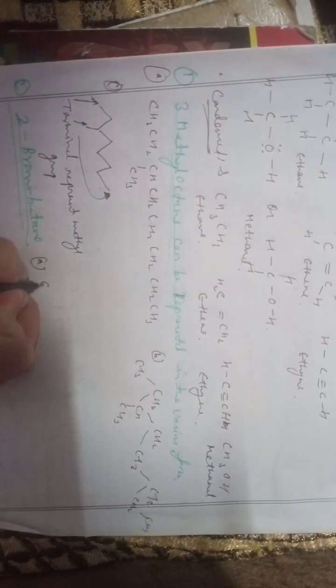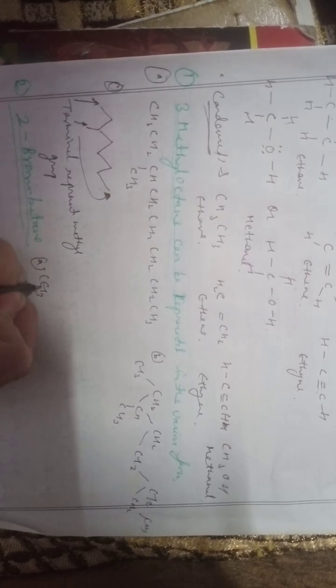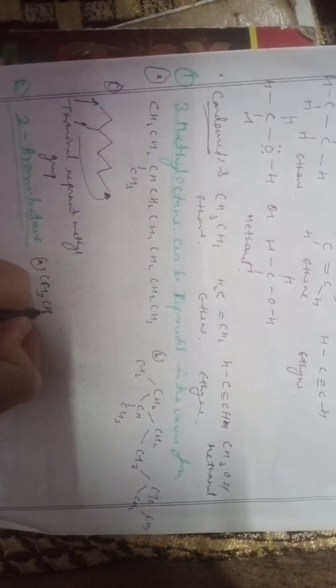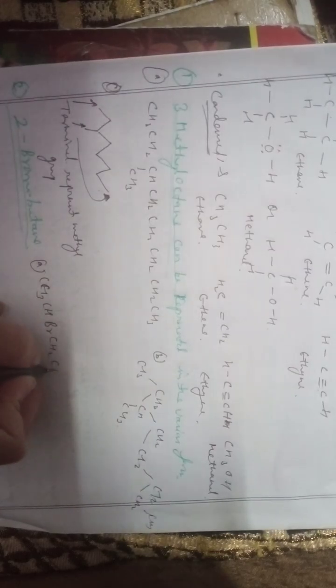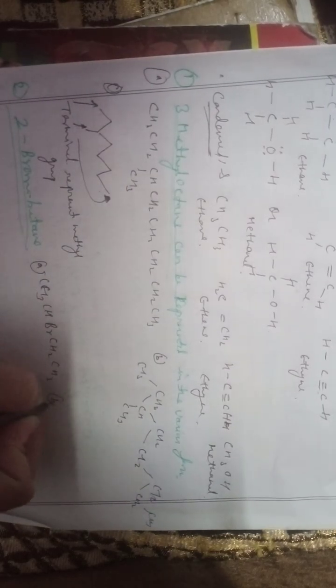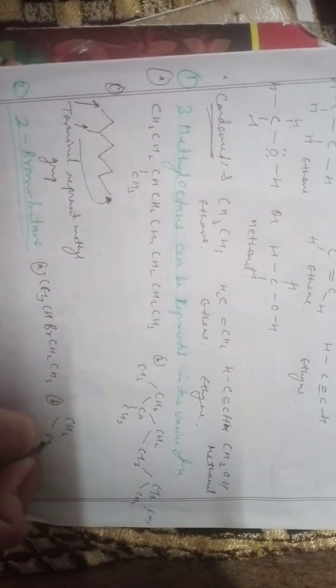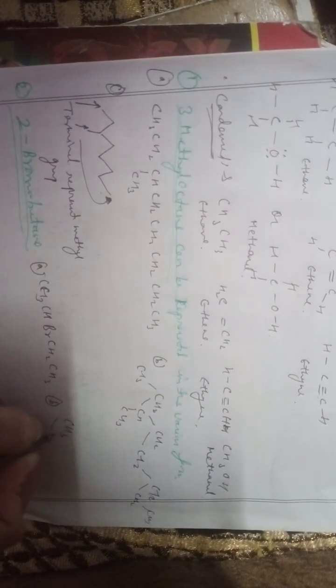The first one we represent here is CH3, CH, Br, CH2, CH3. Second is CH3, CH, CH2, CH2, and the CH is linked with bromine.